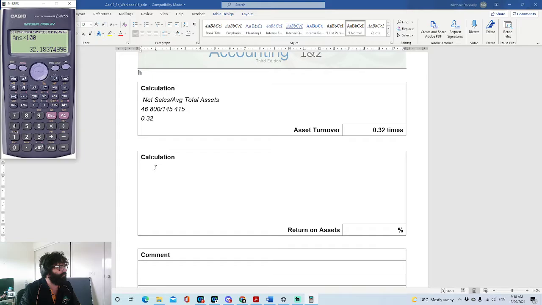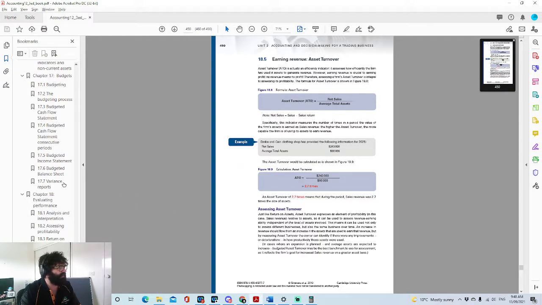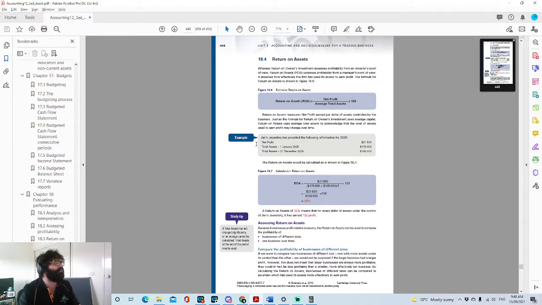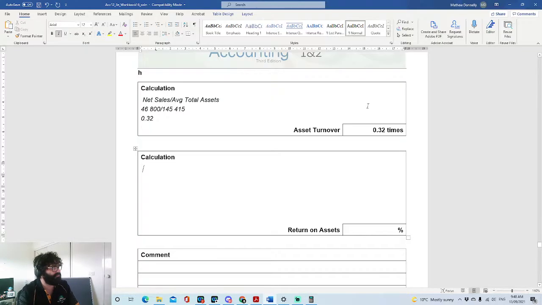And then our return on assets, our calculation is, and if you wanted to do this, look at chapter 18 by the way, net profit over average total assets times 100. I'm going to put the brackets in the right place. I think that might be a good idea.